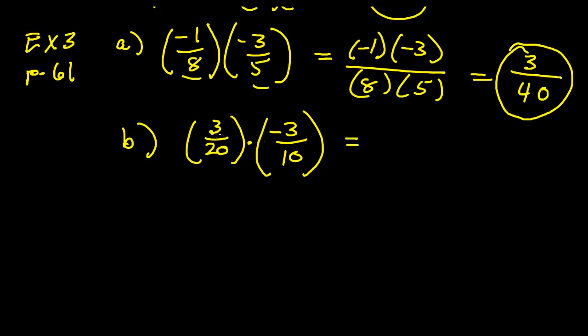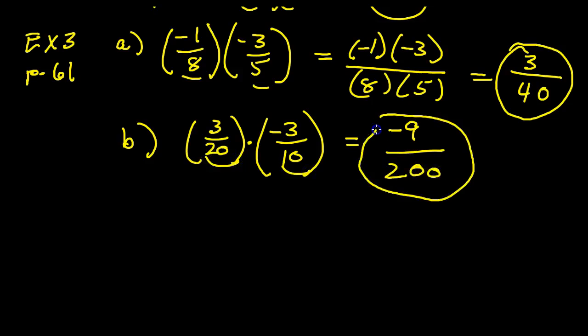Upstairs, 3 times minus 3 is negative 9, and in the denominator, 20 times 10 is positive 200. This does not simplify. 9 is 3 times 3, and there are no factors of 3 in the number 200, so I can't simplify any further. This here is my final answer.